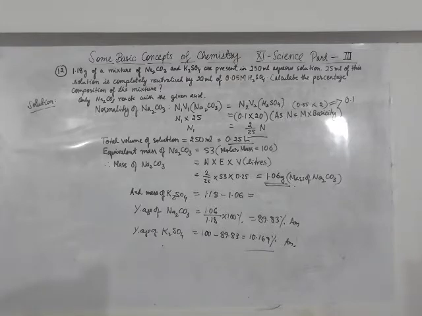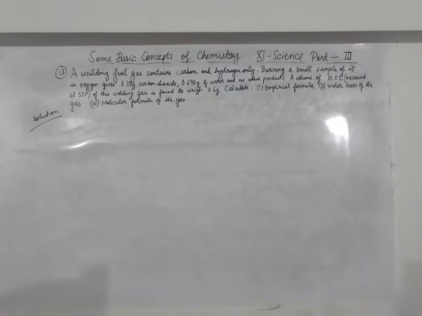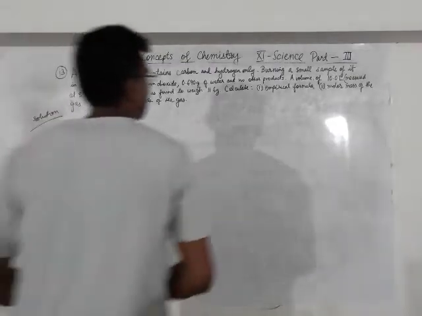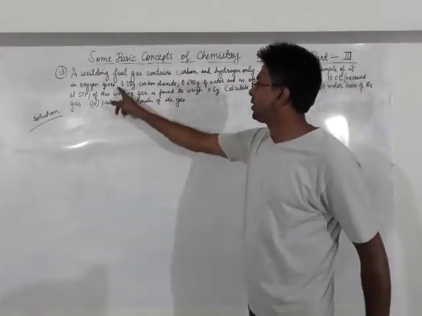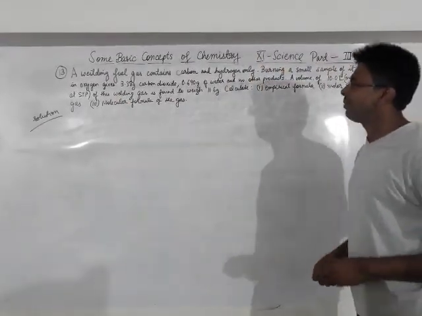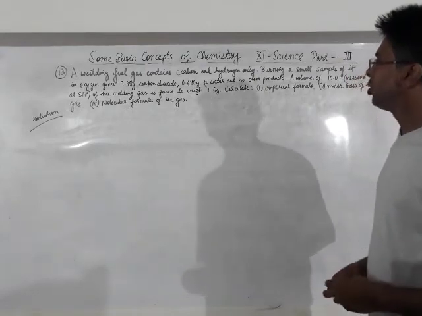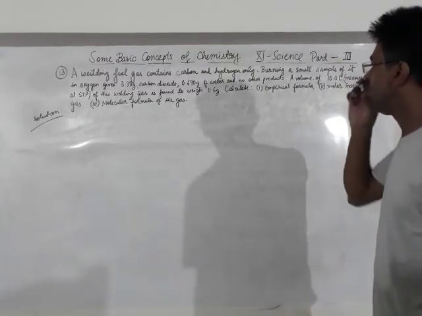Copy this. I'll remove the sum and then I'll write down the next question. Okay, student, this is question number 13. A welding fuel gas contains carbon and hydrogen only. Burning a small sample of it in oxygen gives 3.38 gram carbon dioxide, 0.690 gram of water and no other products.